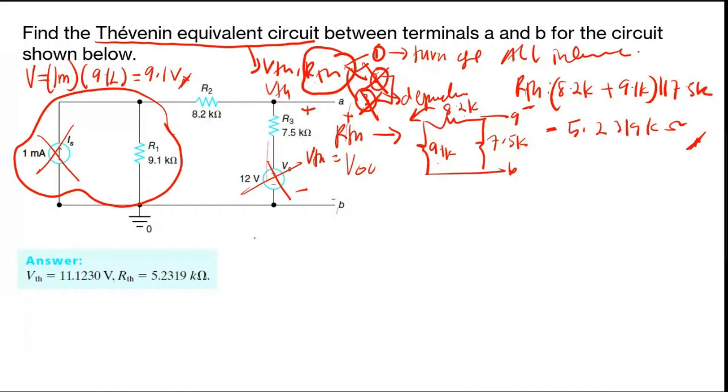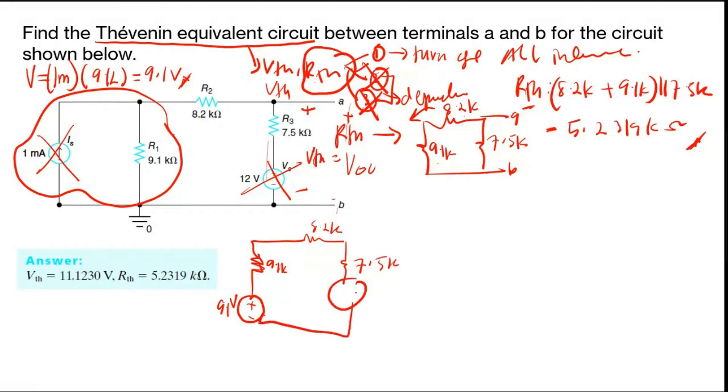And then when you redraw your circuit, you will have your voltage here, which is 9.1 volts, and then this resistor, which is 9.1K, and then you have 8.2K here, and then 7.5K, and then 12 volts here, at terminal A and B.